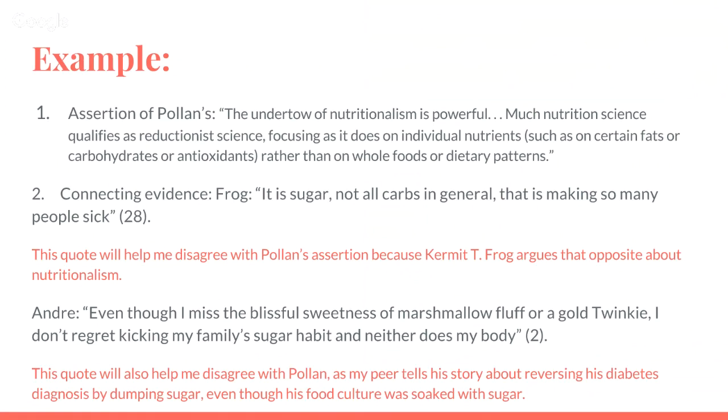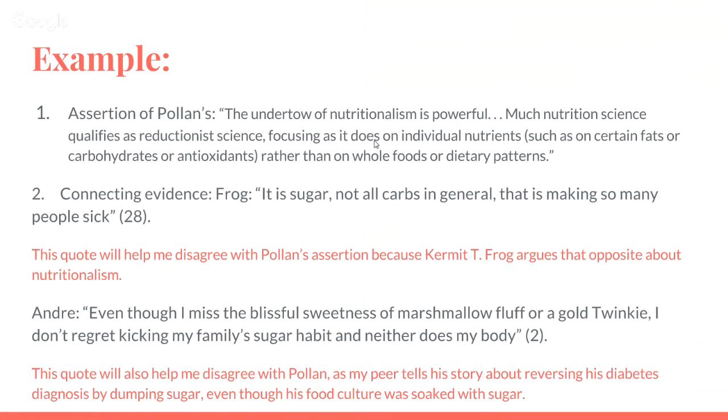So sometimes you do need to focus on just one nutrient. And this is going to help disagree too. And again, in this example, I thought, oh, this is about sugar and this is about sugar. That's two connections. But both of these are in contrast with this idea, and that's okay.